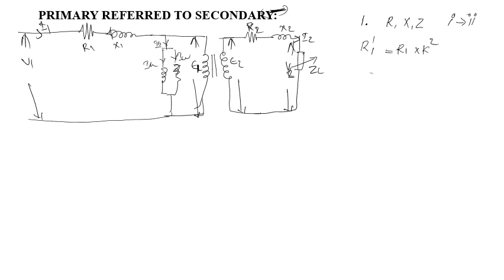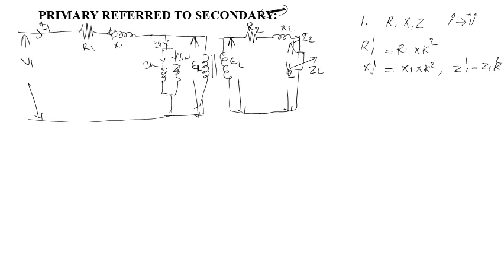Similarly, X1 dash will be equal to X1 into K square, and the combination of R1 and X1 will give Z1 dash equal to Z1 into K square. Load is always present on the secondary side.